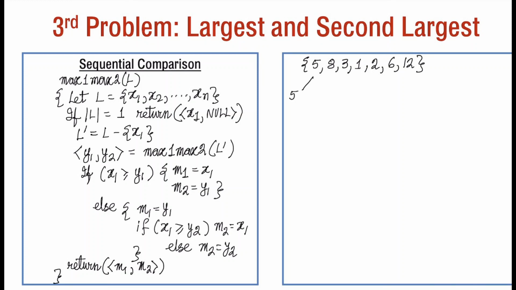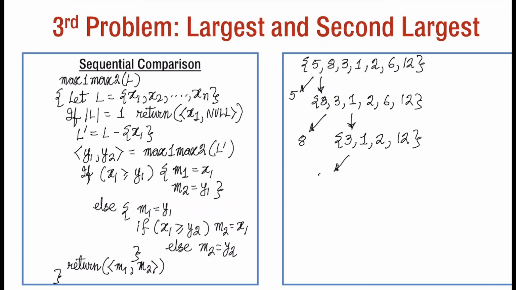So again 5, and this leads to 8, 3, 1, 2, 6, 12. This 8 is taken out, and we have 3, 1, this is all L dashed, 2, 6, 12. Then 3 is taken out, we have 1, 2, 6, 12.